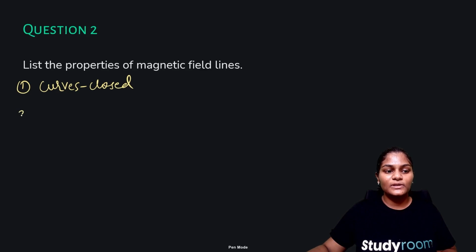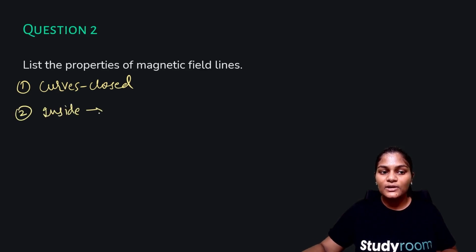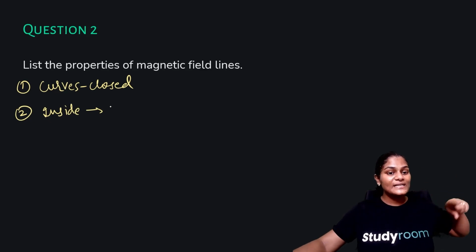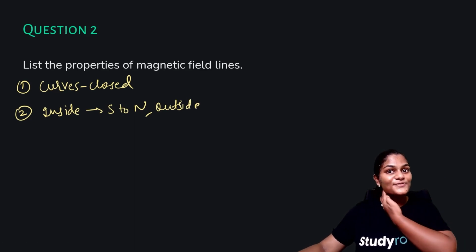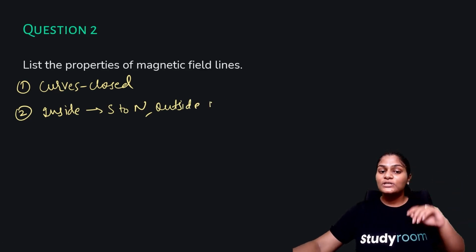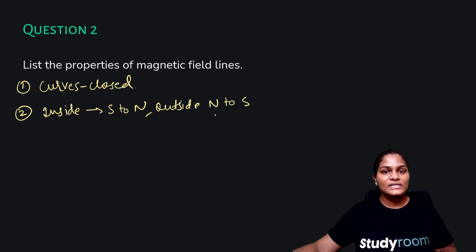The second property we learned was that inside the bar magnet, what is the direction of field? Inside it is from south to north, and outside, you have to write complete sentences for this, okay, I am writing it in short, outside they go from north to south.